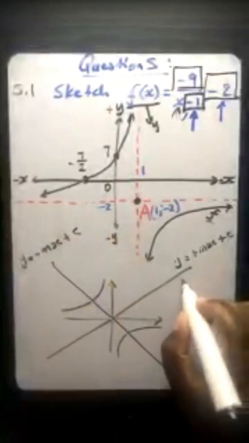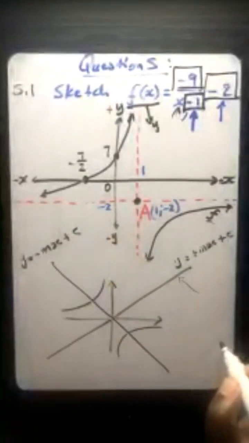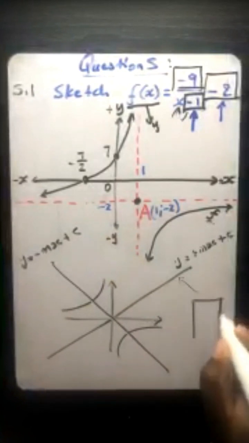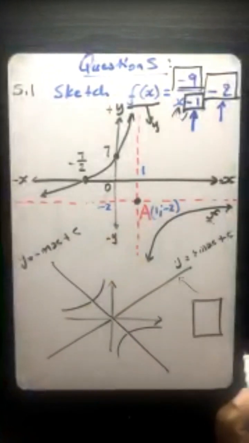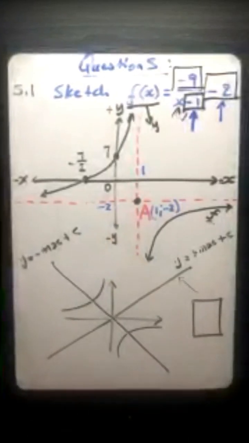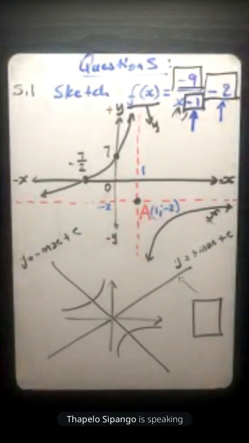This line is what they call an axis of symmetry, just like with a slice of bread. Let's say this is a slice of bread. If you want to cut it into two equal halves, okay, Tapelo, unmute your mic, honorable member. Let's talk. Are you still there? Yes, I am. Okay.